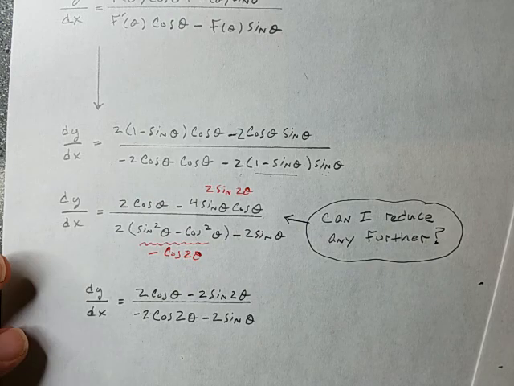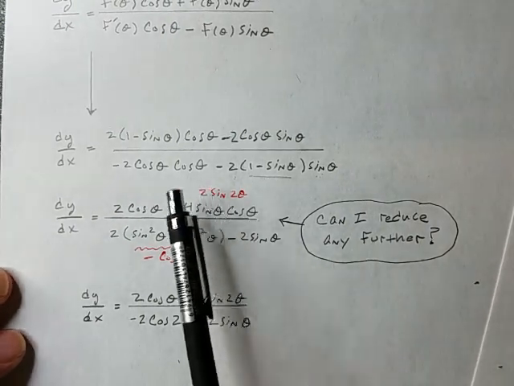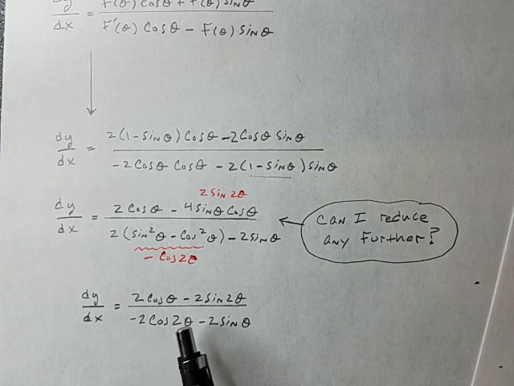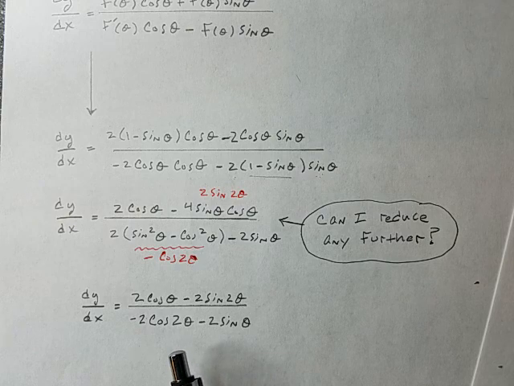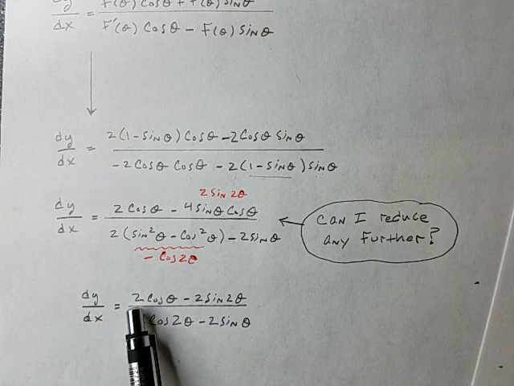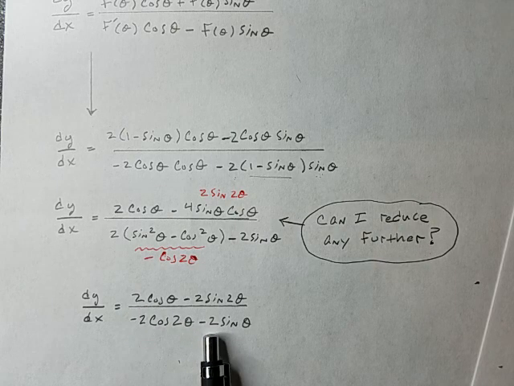Can we do anything else? The double angle identities did reduce some of this, and I think we're probably done with the trig identities. But what about reducing it any further otherwise? Well, I could factor a 2 out of the top and a 2 out of the bottom. In fact, I could factor a 2 out of the top and a negative 2 out of the bottom.